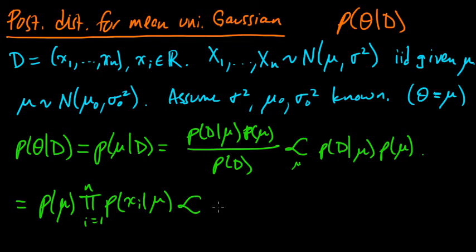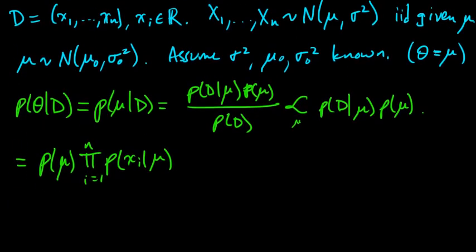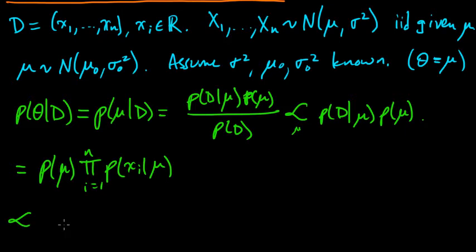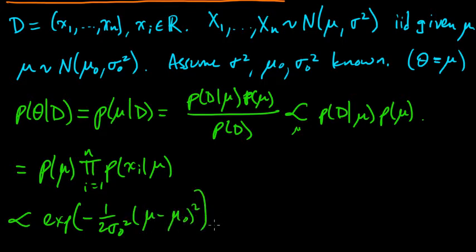So this is proportional to e to the minus 1 over 2 sigma naught squared, so we're looking at this guy, mu minus mu naught squared.